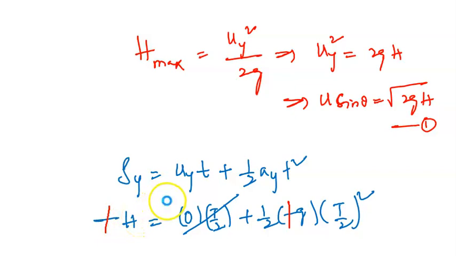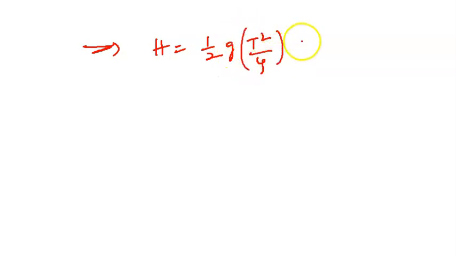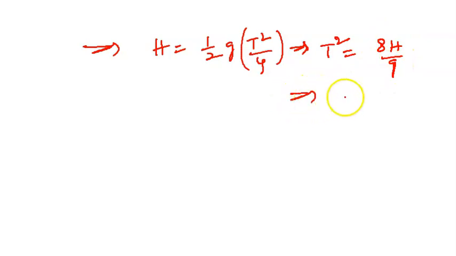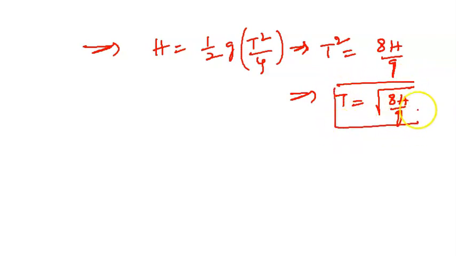Upon simplification, we get H is equal to half g t square by 4. Therefore t square is equal to 8H by g, and the time of flight in terms of maximum height is the square root of 8H by g.